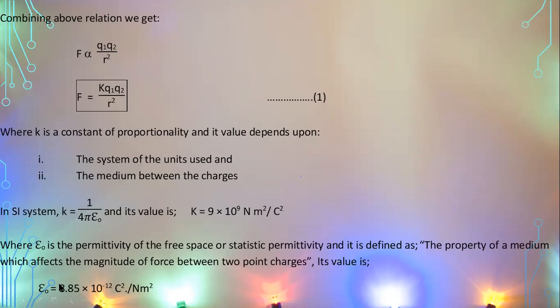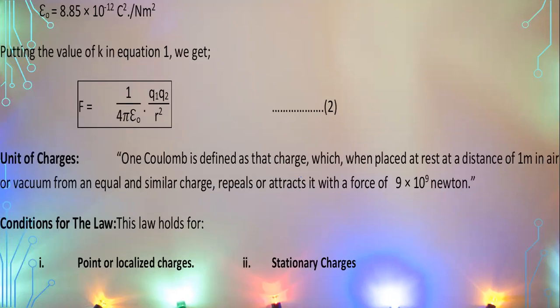Finally, we wrote the value of permittivity of free space, that is 8.85 into 10 to the power minus 12 Coulomb square per Newton per meter square. Then we moved on to the value of K. By putting the value of K in the equation, we calculated force, and we wrote the final formula.